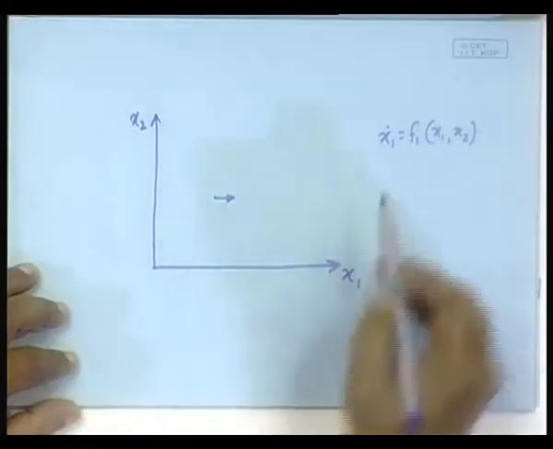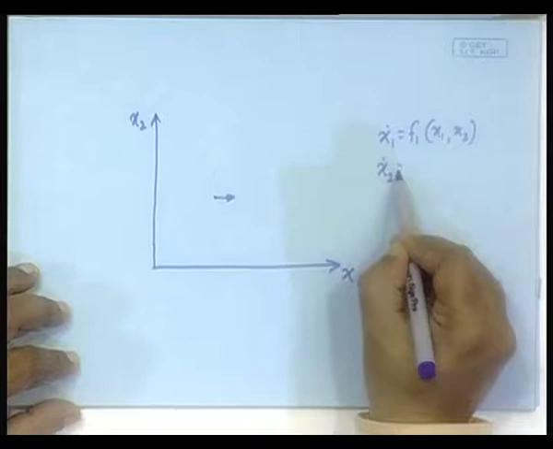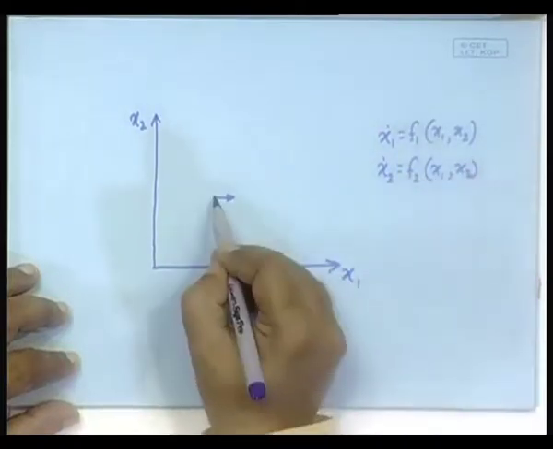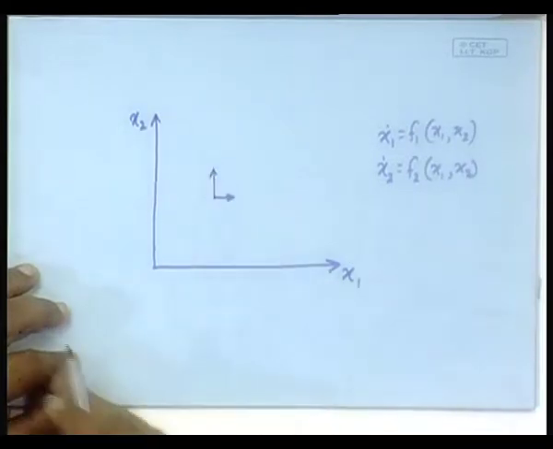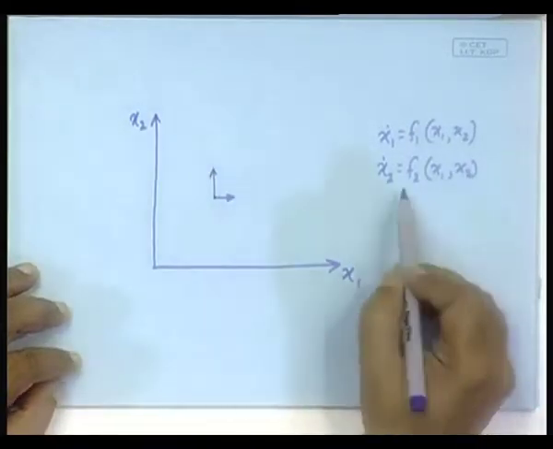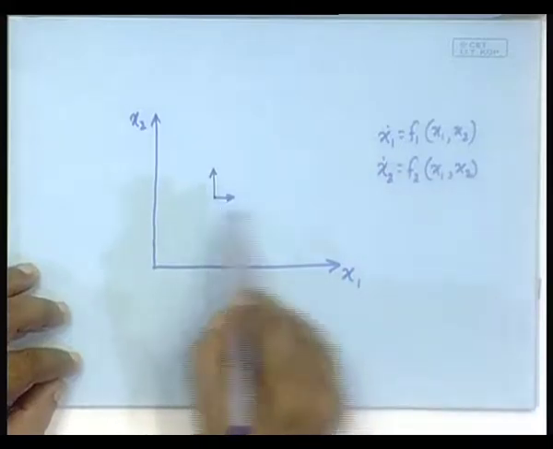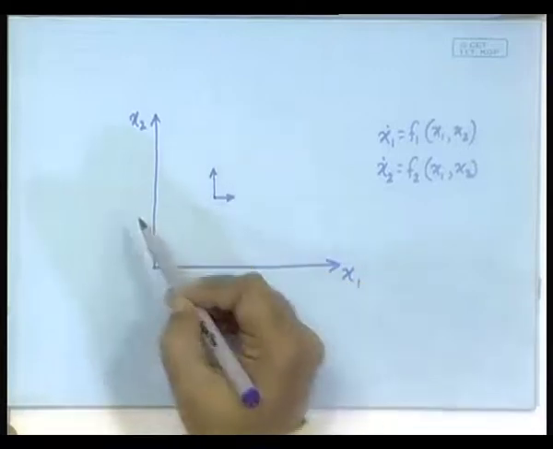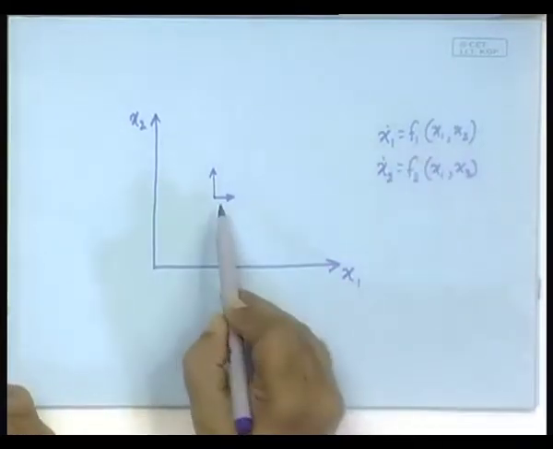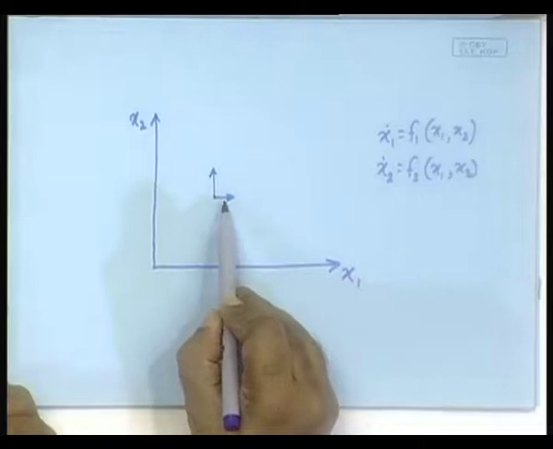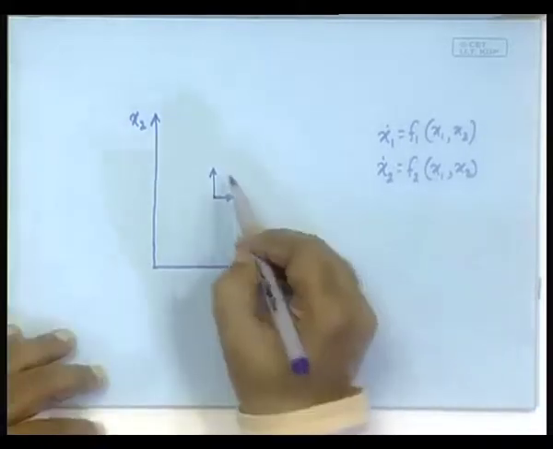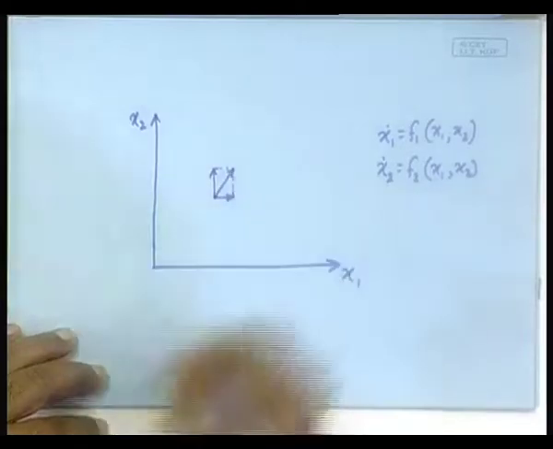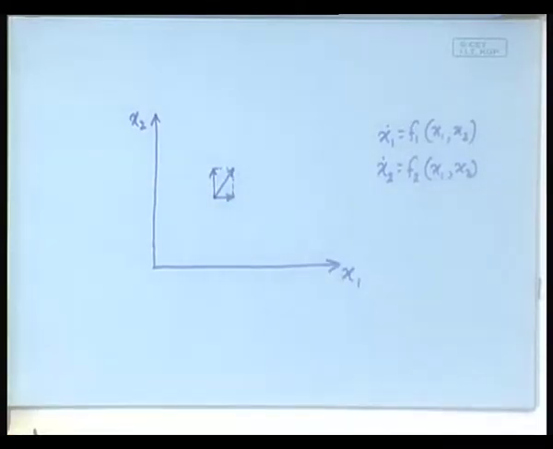Similarly, the equation x 2 dot is equal to another function of x 1 and x 2 will give this, not only in the direction, because x 1 dot means how does x 1 change with time, it could be this way or that way, and its magnitude will be given by the length of this vector. So, from this you could infer that in the next instant it would move in this direction in the state space, right.